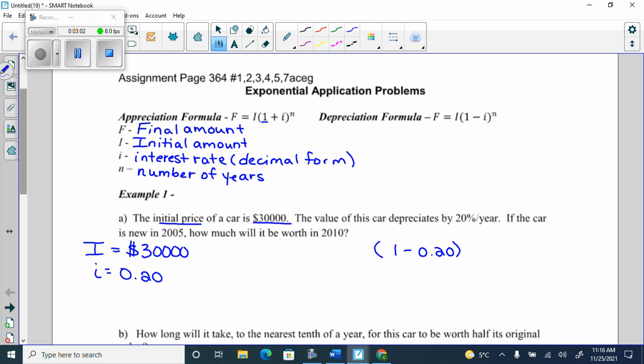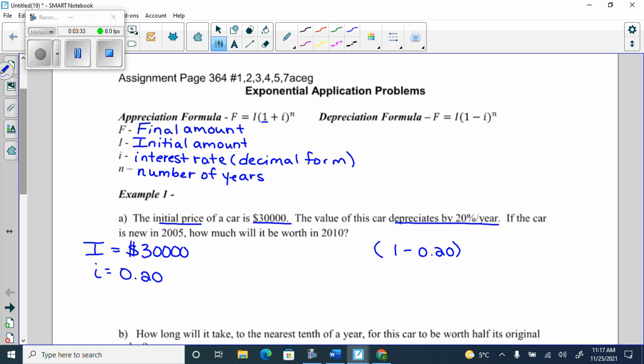How much you have left every year: 80%, 80% of it, 80% of it. So that's why it's 1 minus 0.20, because it's what's left. Sometimes they'll give you the equation, like y equals 0.8 to the x. If it's 0.8, that means it decreased by 20% because that value is how much is left. It depreciates, so I know I have to subtract.